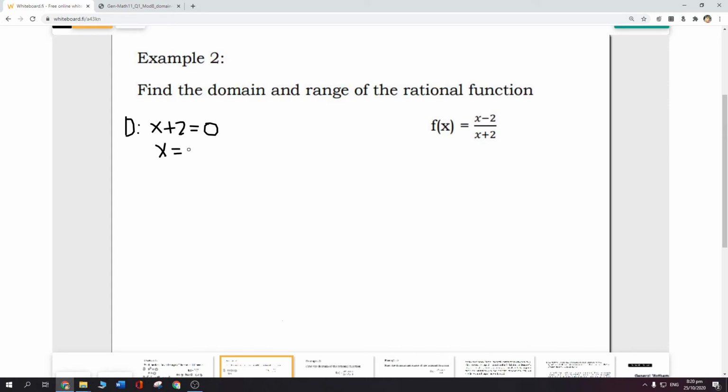We have x is equal to negative 2. Then we will express our domain in set builder notation. So we have x such that x is an element of real numbers wherein x is not equal to negative 2.